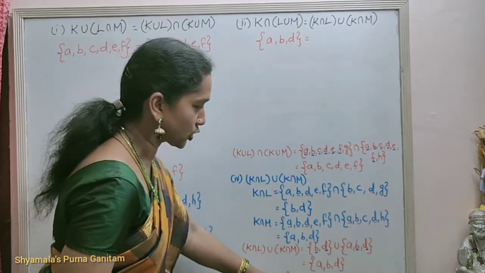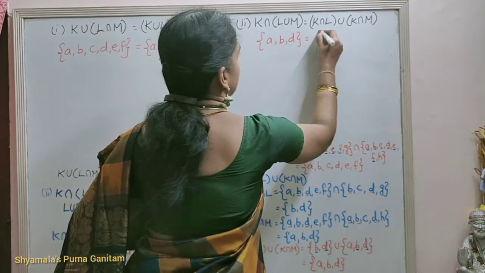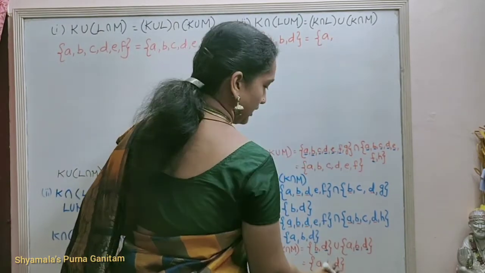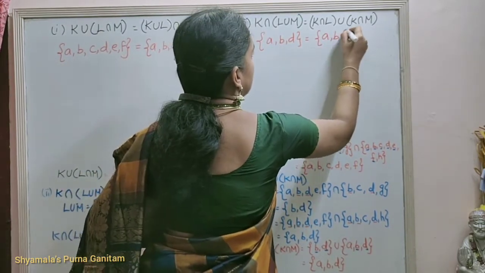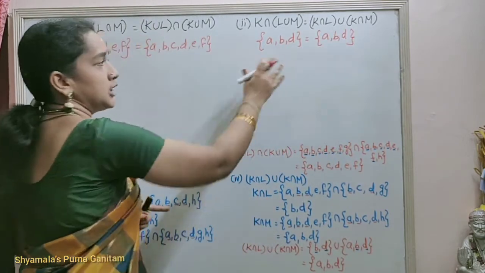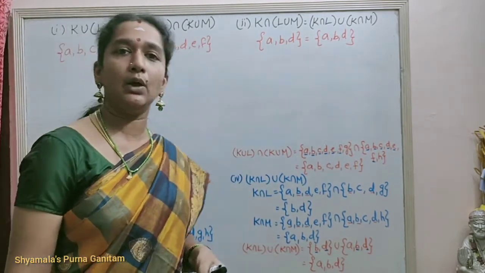So that proof also we have given already. The answer for that is A, B and D. So we are asked to verify the distributive property. We have verified it.